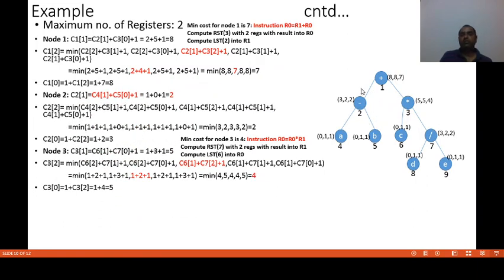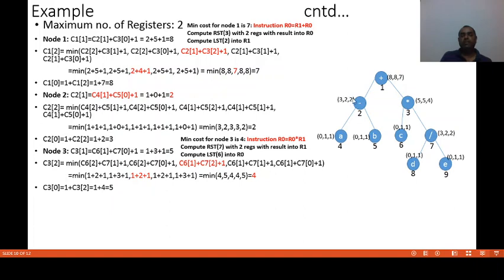If I am generating the code for node 2, it will be what? In this case, the cost function is C322. So here I can select this one or this one because the minimum is 2 and I am getting 2 values. For register 1 it is also 2 and for register 2 it is also 2.